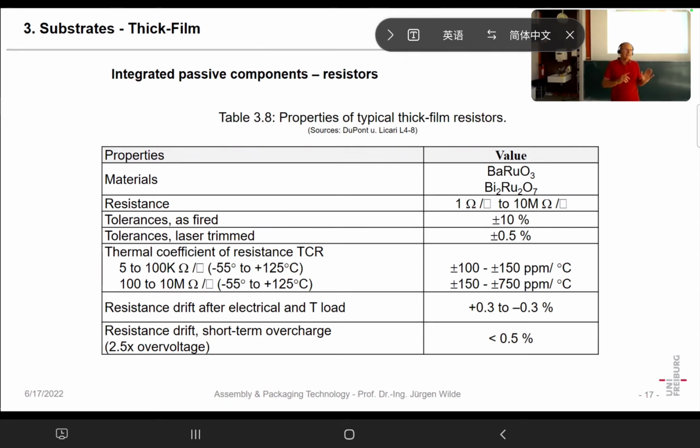Also, that TCR not only depends on the material, but unfortunately also on the firing process. So that means when you want to have precision resistors, which are printed, fired, you must have a well-defined process that you must not change in order not only to give you the correct resistance, but also to give you the correct TCR, because hybrid circuits or thick film circuits are frequently used in high temperature applications.